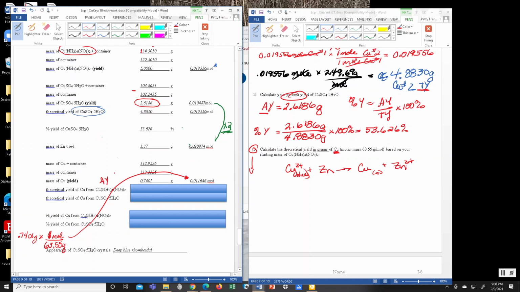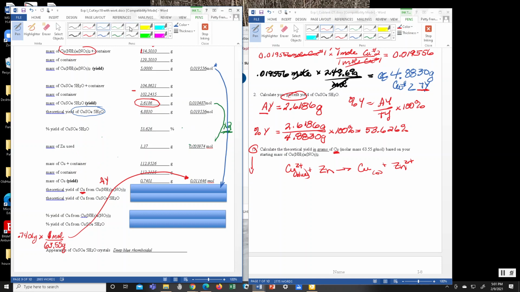Good. But now we're going to do some more stoichiometry. We want to find out the theoretical yield of copper based on our copper tetraamine. So based way back here on this blue guy, so I'm going to change ink colors. So from here, okay, and the theoretical yield of copper based on copper sulfate pentahydrate.